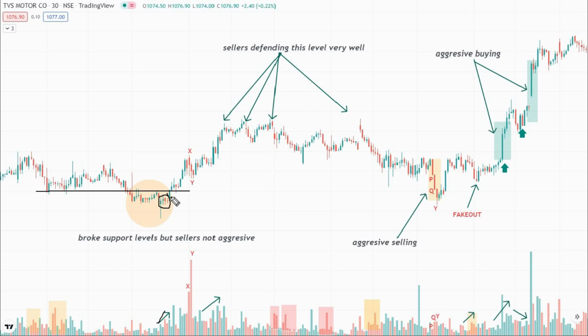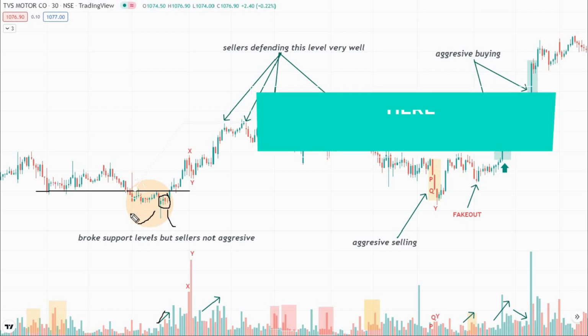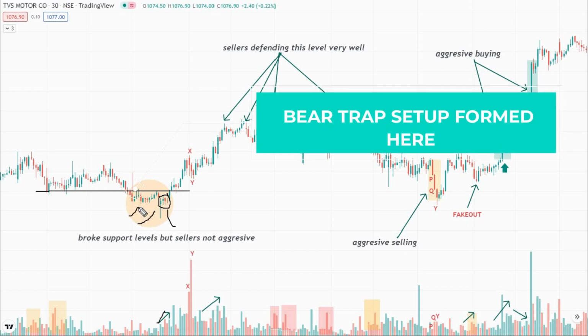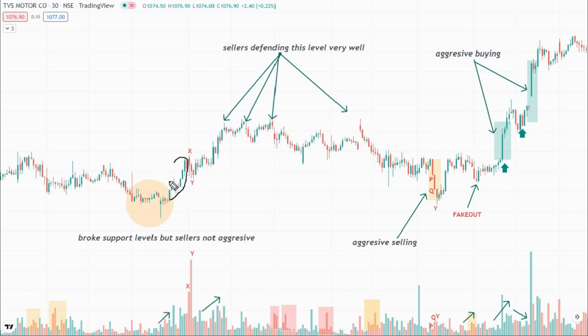So this is another price and volume divergence happening here. So we could say that sellers are now losing momentum and buyers are still defending these levels very aggressively. Now what happened? Prices have moved towards the upside with an increase in volume.